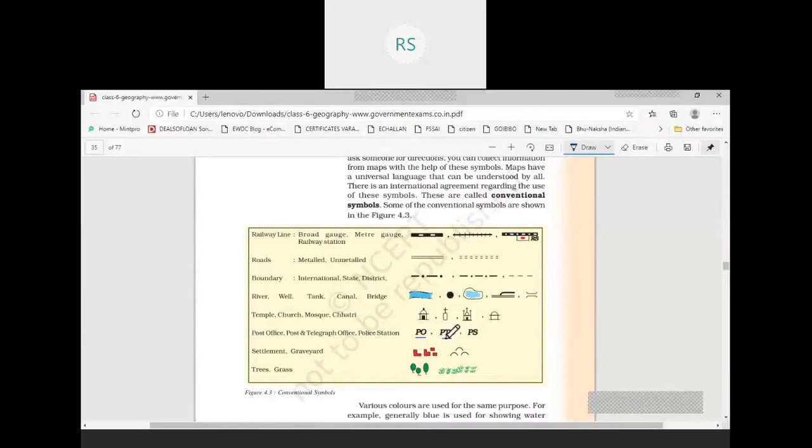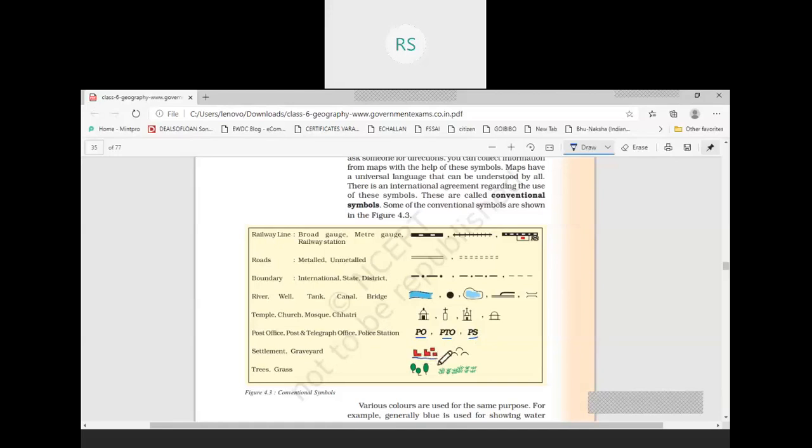P for post, T for telegraph, and O for office. Then if we have to show police station in the map, then we will write P as police station. Okay, and now if we have to show settlements in the map, we can show them in this way.